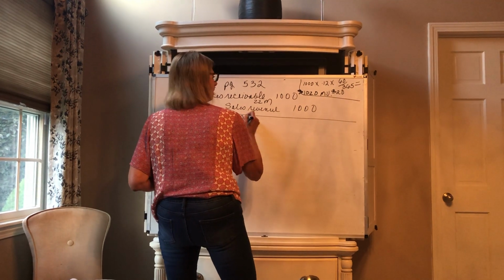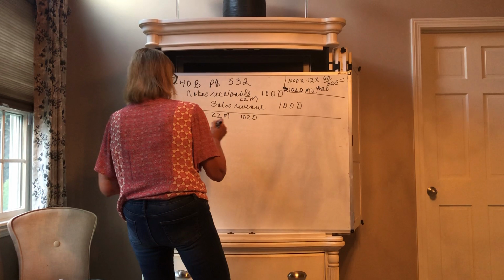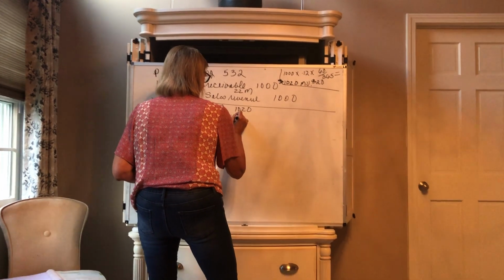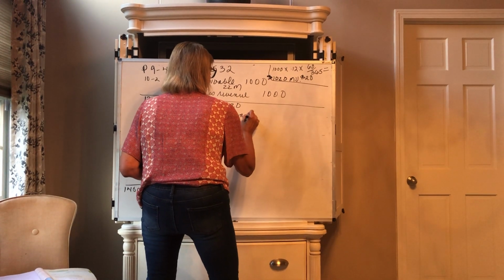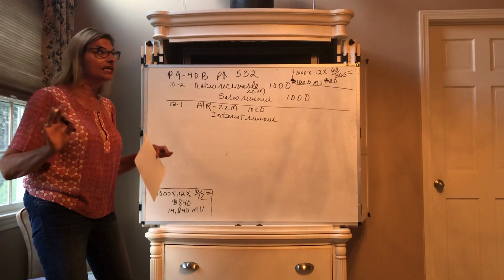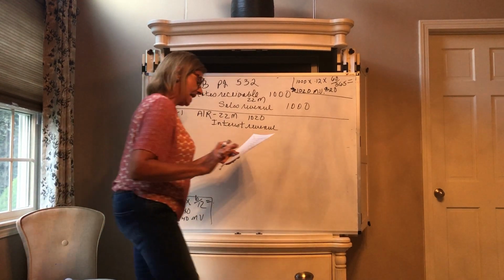ZZ Music for $1,020. We're going to credit our interest revenue, even though we didn't get any money, we still earned it. Remember, we credit revenue whenever we earn it. It's recorded when it's earned, whether or not you get paid. That's one of the main principles of accounting.